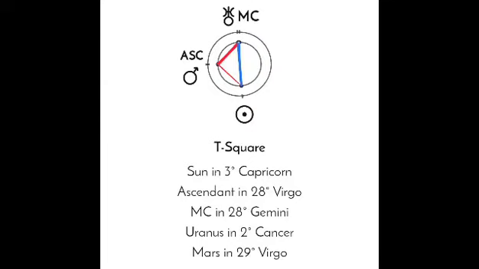Her sun energy is her vitality, her energy level, the way she's showing up in the world, right? And her sun is in Capricorn, so this is someone who's very grounded and practical when it comes to their work ethic.